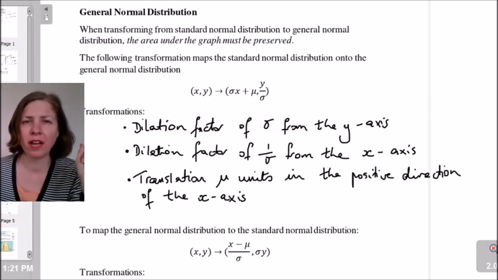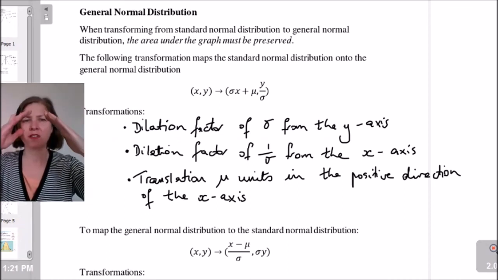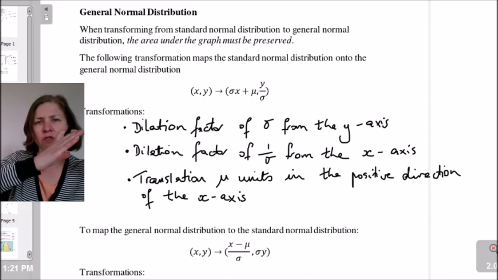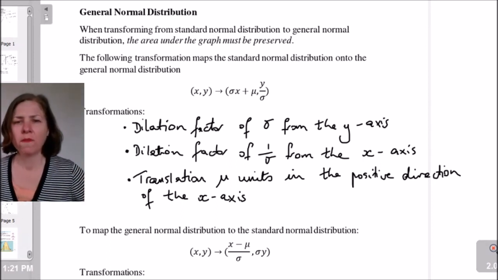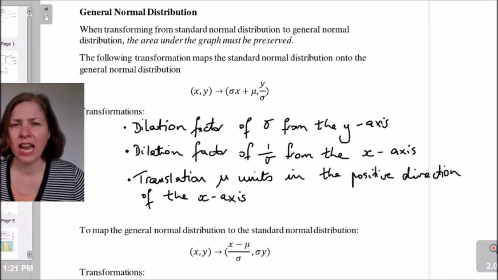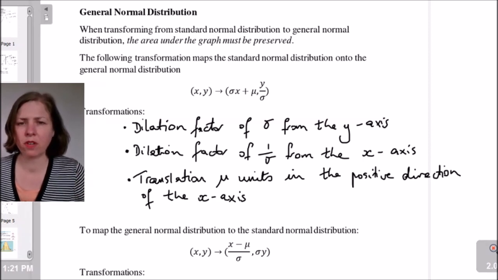So if I'm going to my 250 gram chocolate block, I'm going to add 250 in order to move that whole graph to the right. So then the shape and the area is not changed, it's just shifting to the right, okay? So these are my transformations. I dilate it from y, I dilate it from x, and then I translate it to the right, okay?